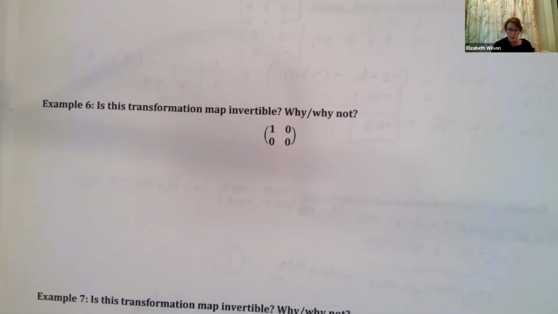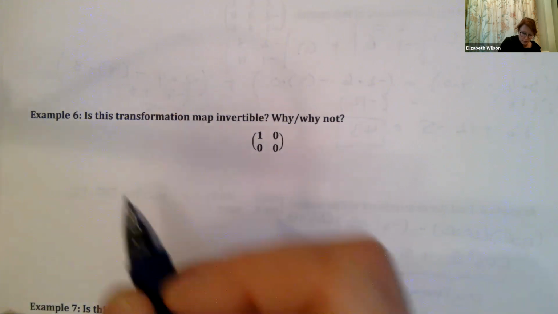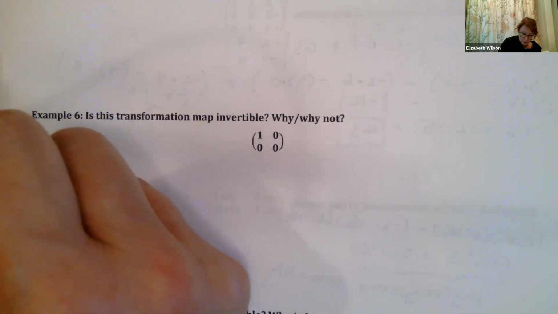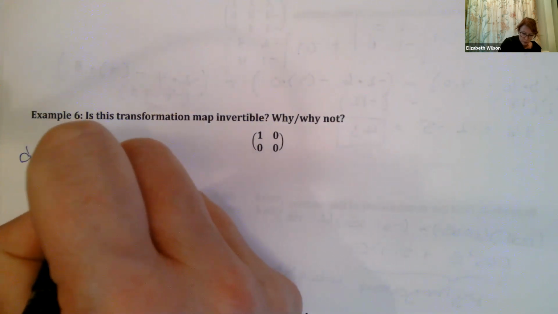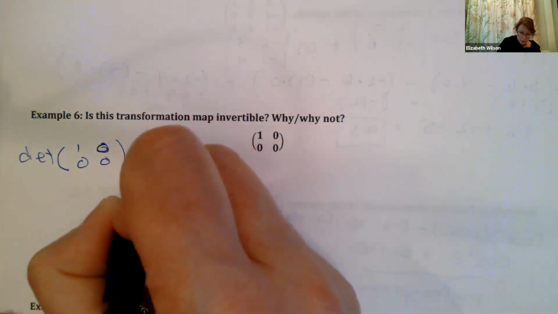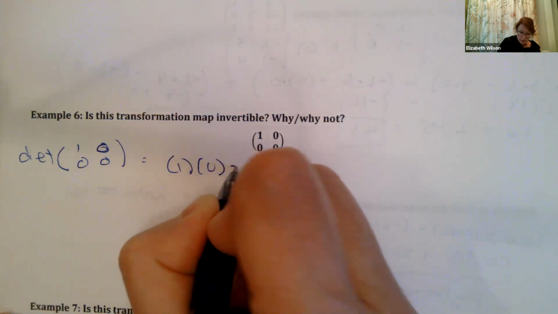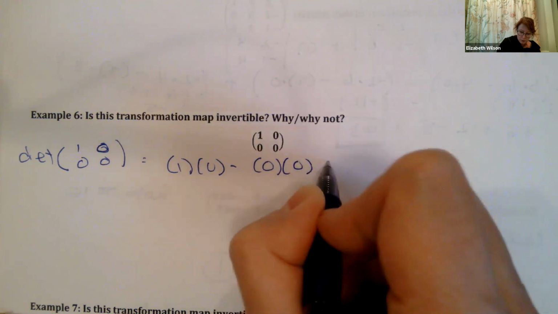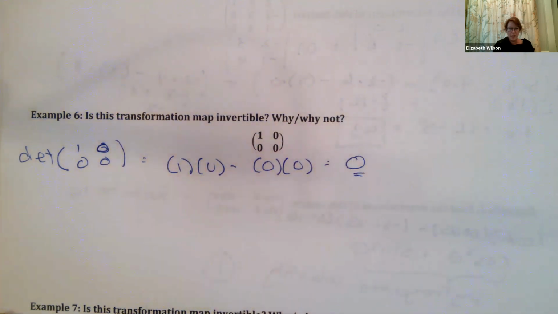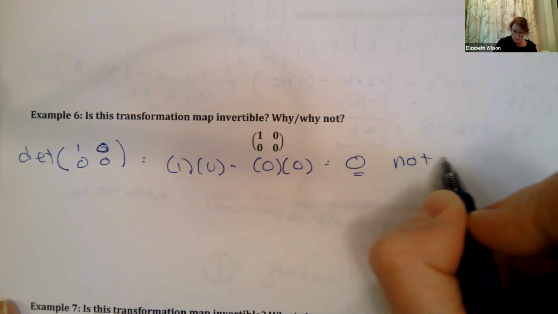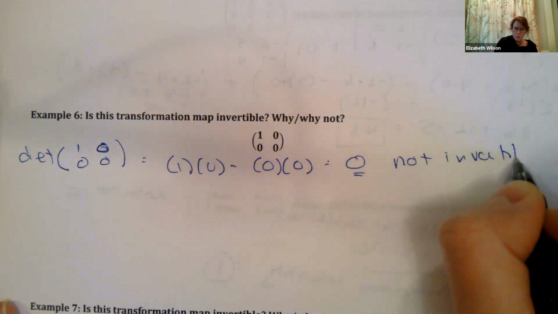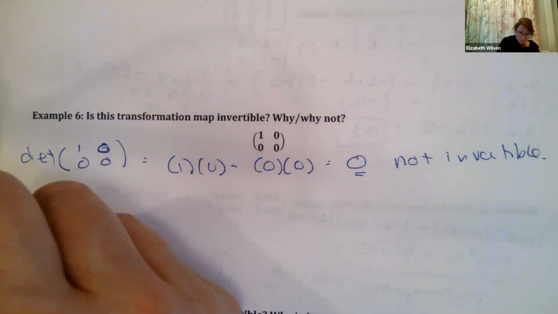I need to figure out what my determinant is. So let's check the determinant: 1, 0, 0, 0. That's 1 times 0 minus 0 times 0, which is equal to 0. It is not invertible. Remember we talked about inverses.